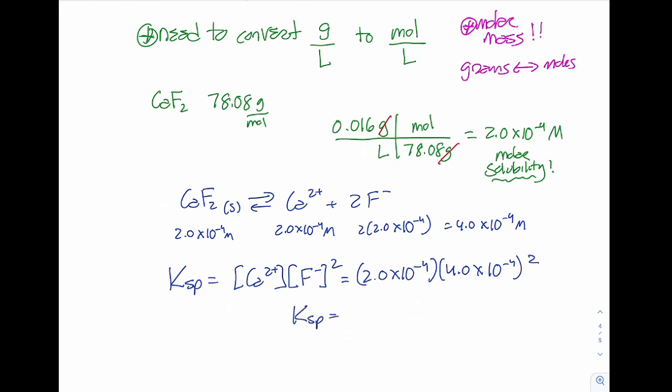And then I'm grabbing my calculator again. And I got 3.2 times 10 to the negative 11th.